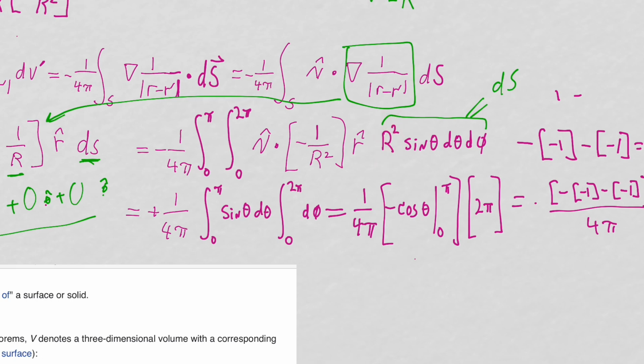This r squared shows up because we're integrating over a sphere of radius r. So that's an important point too. Our spherical surface has radius r, which is why you get an r squared there. If you were just using it over unit radius, you would have a 1 there, and you wouldn't have an r squared.